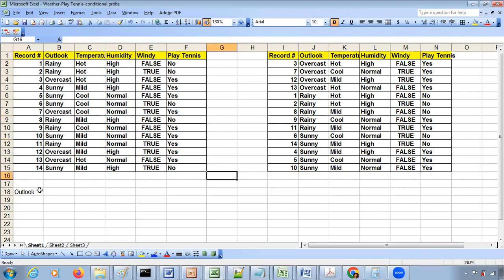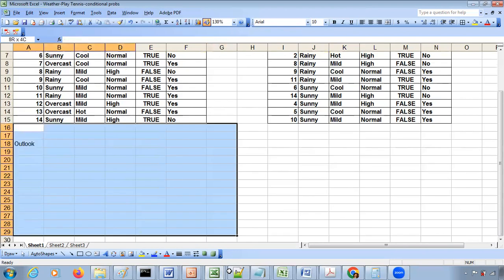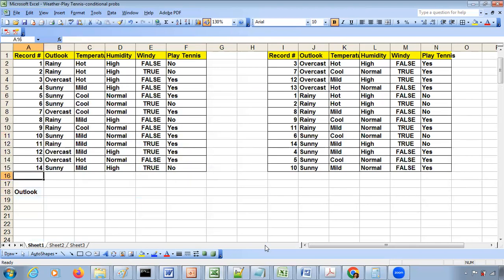Okay. So for Outlook, the possible values are overcast, rainy, and sunny. And the numbers are 4 overcast, 5 rainy, and 5 sunny.